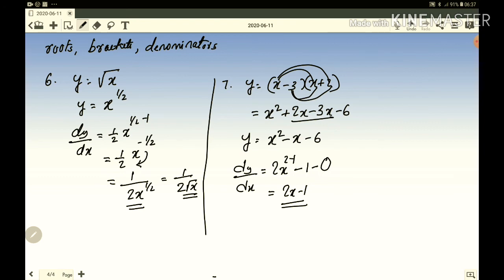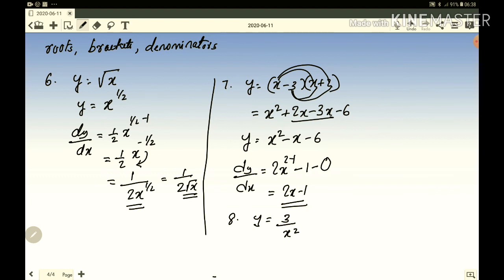Now the last category, denominator. Let me write it here. y is equal to maybe 3 divided by x square. Here the problem is, of course we can see x there and a power there, but where is that x? It is in the denominator. So you have to take it up, because when you differentiate, make sure that x must be there in the numerator.